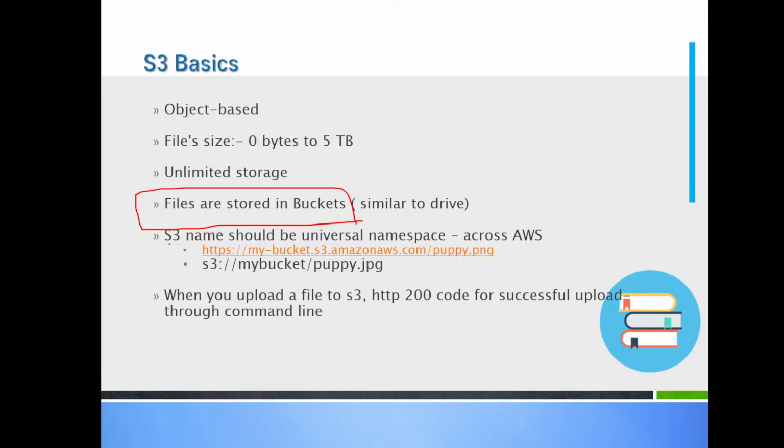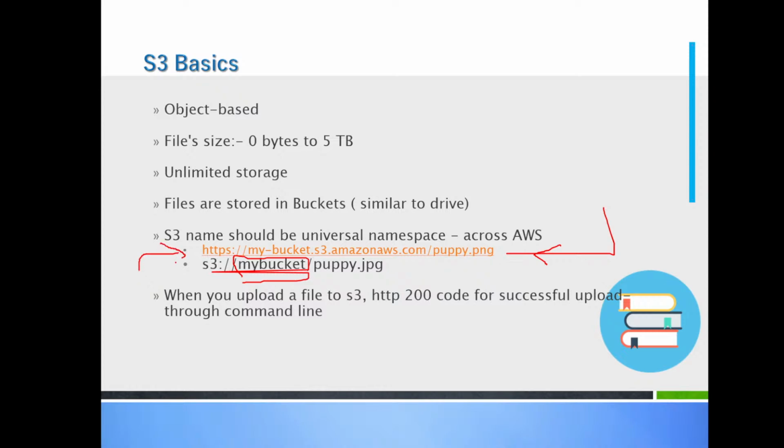Now, your S3 bucket name should be unique, not just in your account, but globally. The name with which you are creating the bucket should be unique. Why is it unique? Because the object which you are storing has an HTTP URL which can be accessed over the world, and it should be unique.